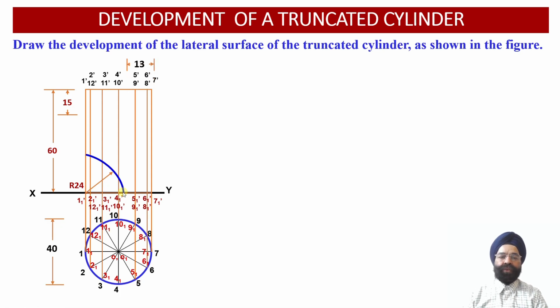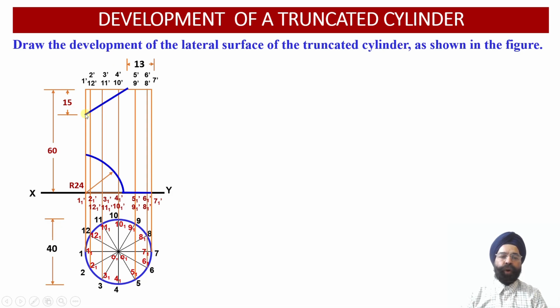There are 9 points available corresponding to the intersection of the circular cutting plane with the different vertical generators and the base points of this right cylinder.